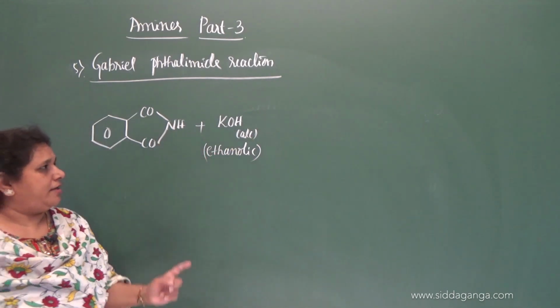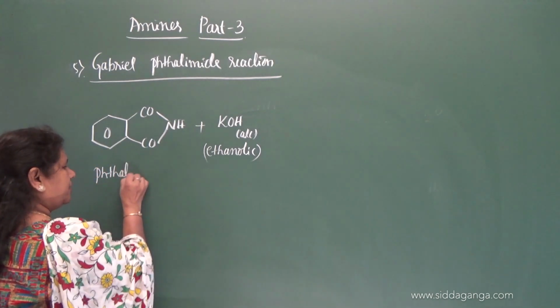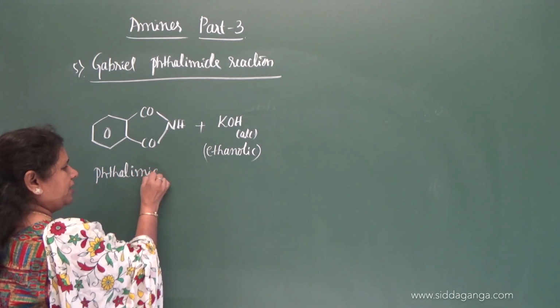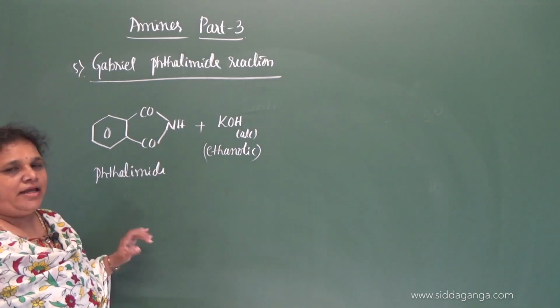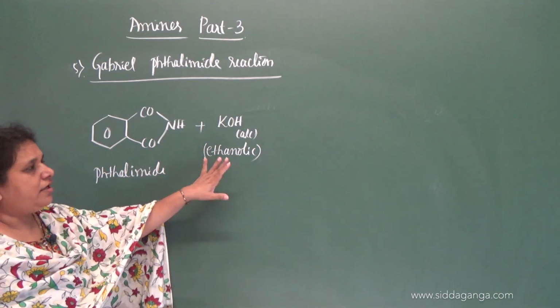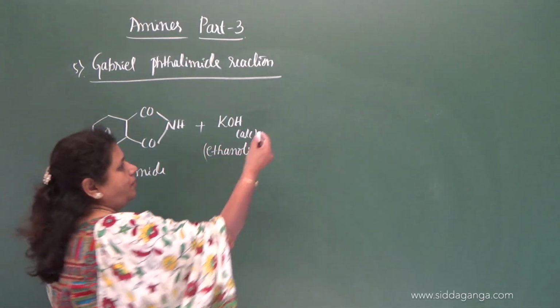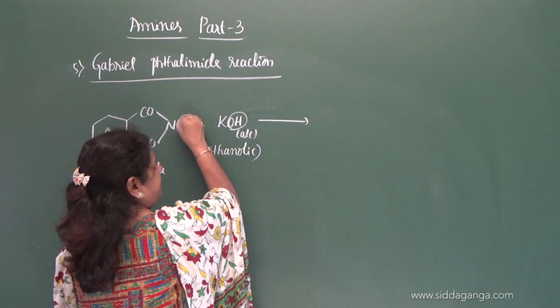When phthalimide, this compound is called phthalimide. Why is it imide? NH group is there. NH2 group is amide, NH group is imide. This is phthalimide. When it is treated with ethanolic KOH, what you get? So OH and H eliminate here.